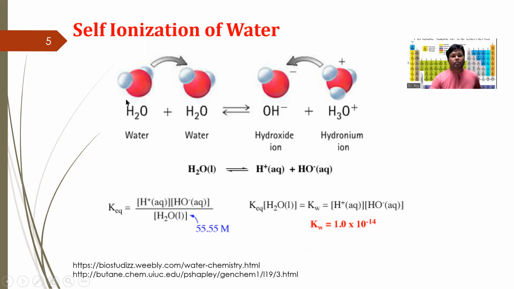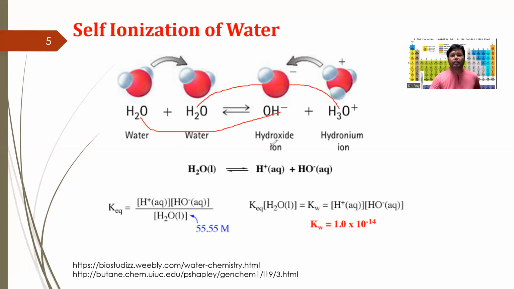Therefore, this water molecule behaves like an acid and the other behaves like a base. From one water we form the hydronium ion, and from the other we form the OH ion. This acid forms a base, so we have a conjugate acid-base pair and another conjugate acid-base pair.